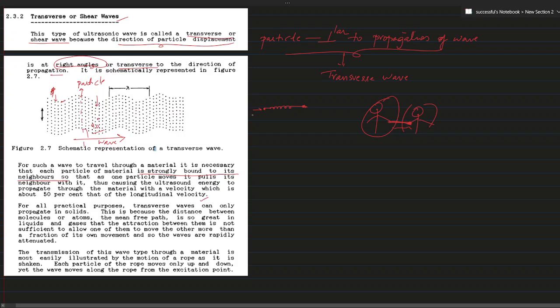So the velocity is about 50% of the longitudinal velocity. Here it says that the velocity of shear is equal to 0.5 times the velocity of the longitudinal wave. For all practical purposes, transverse waves can only propagate in solids.